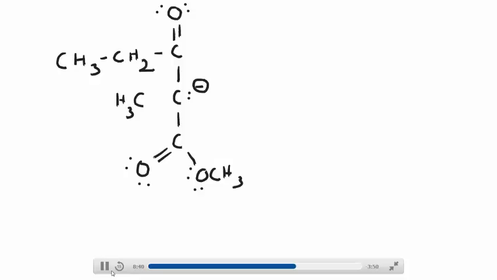Okay, so here is one of the three resonance structures. This negative charge can be delocalized onto the neighboring groups. So I'm going to show it delocalizing onto the ketone's oxygen first.